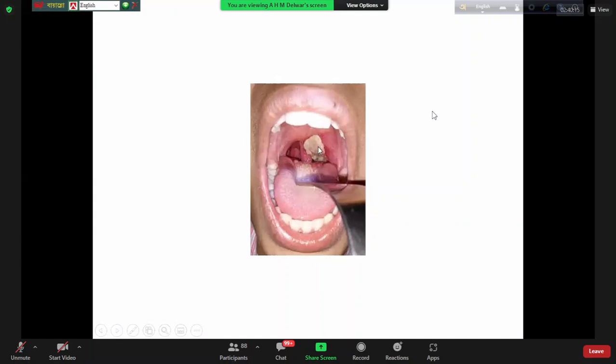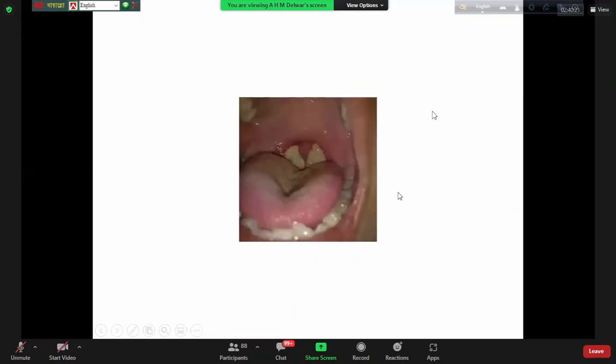And this feels so adherent. And this is another picture of a diphtheric patient. You see a membrane over the uvula and tonsil, completely obstructing and compromising the airway and also the passage of food.